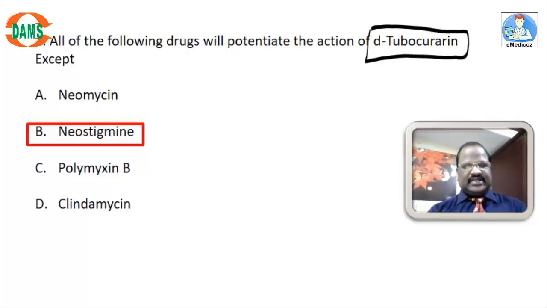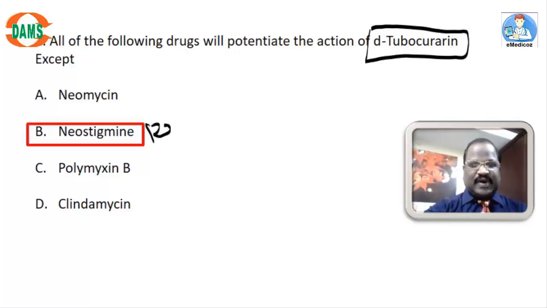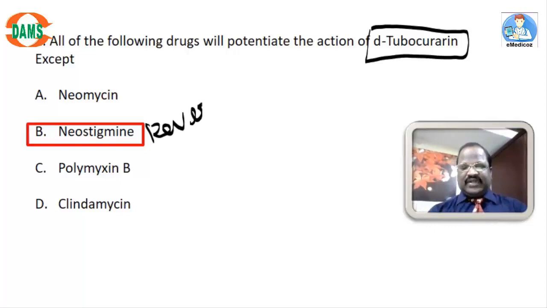Neostigmine is a cholinesterase inhibitor going to accumulate acetylcholine. It is useful for reversal of the action of non-depolarizing SMR. So for the reversal of non-depolarizing skeletal muscle action, what we are using is neostigmine. We have one more drug called Sugammadex.